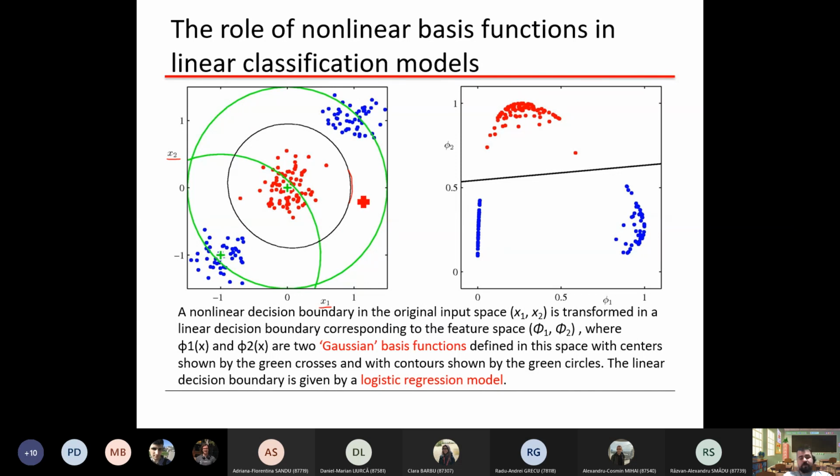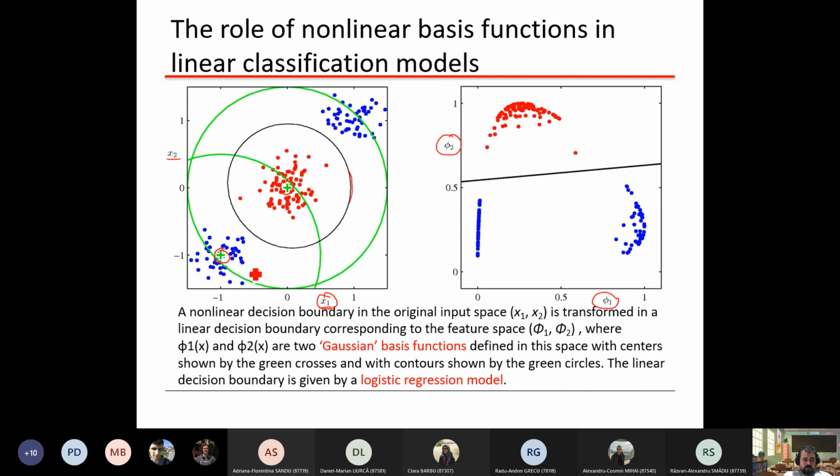Okay. So what we are doing is we'll try to change this axis, and we'll go in a different space that has different axes, phi1 and phi2, by using 2 Gaussian basis functions defined in the original space that have the centers in here and in here.